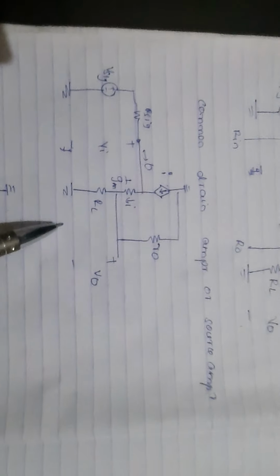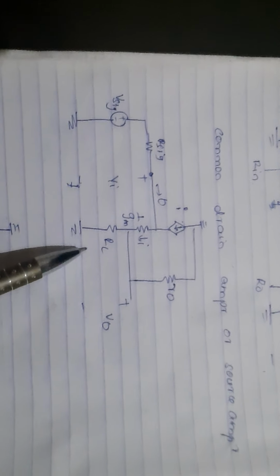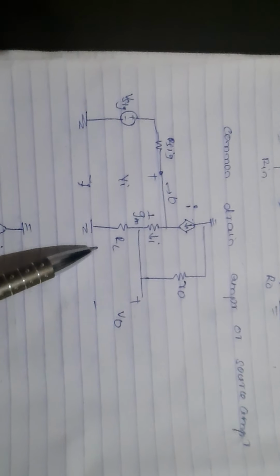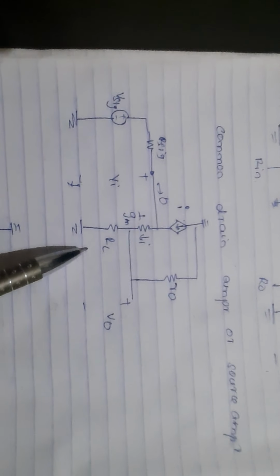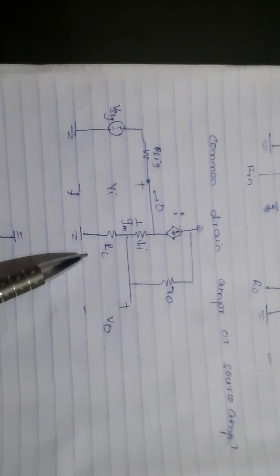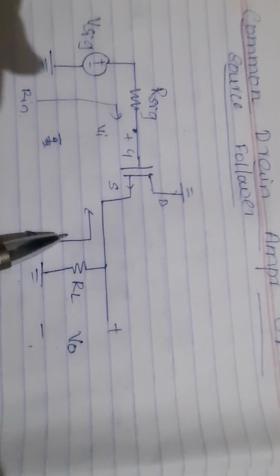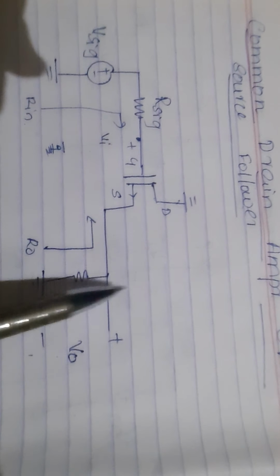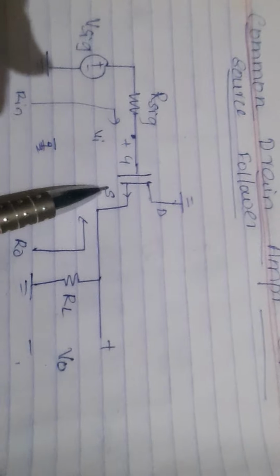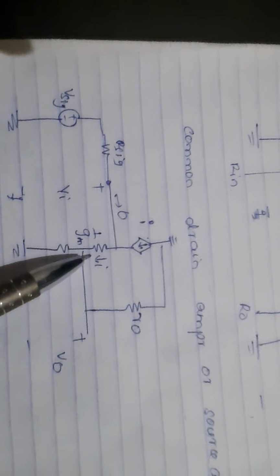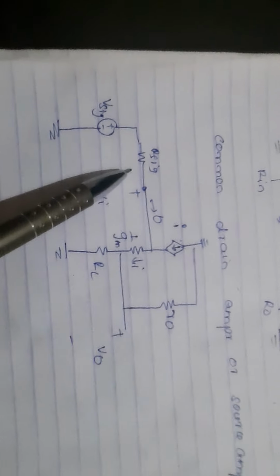Now the equivalent circuit of the source follower is obtained by replacing the MOSFET with its T model. Now just see, VSIG is there, RSIG is there.